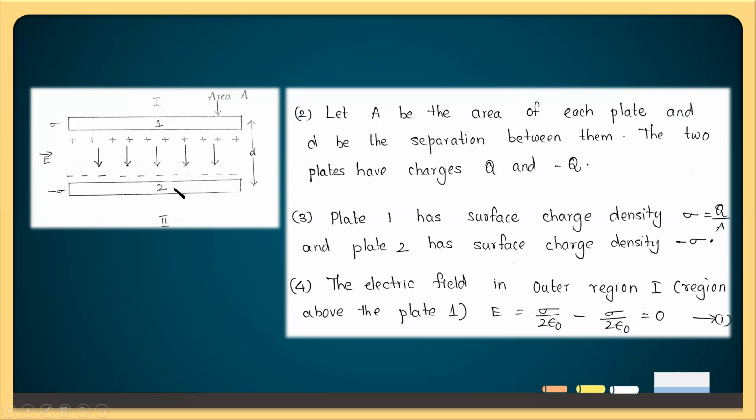For the second plate, it is minus sigma. Q is the charge on the first plate, minus Q is the charge on the second plate.